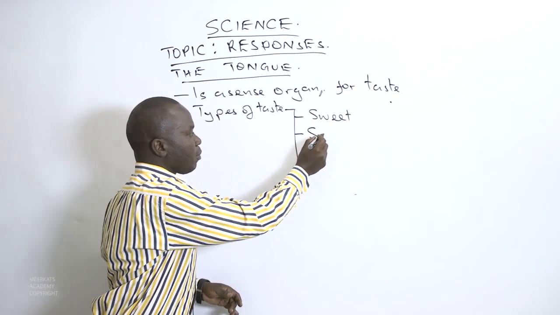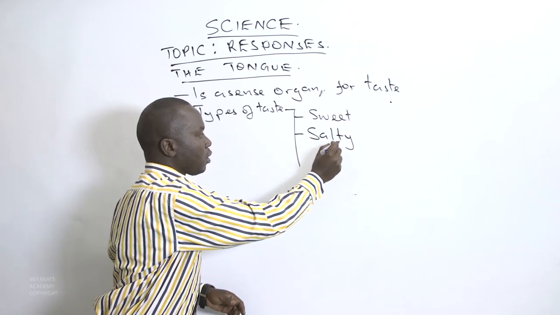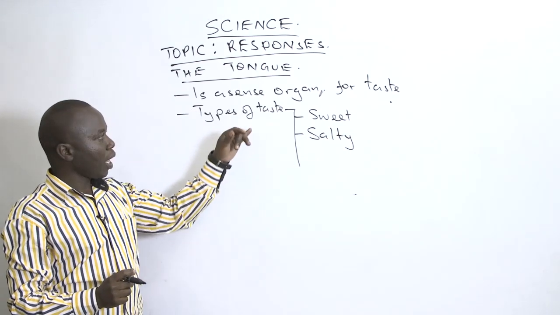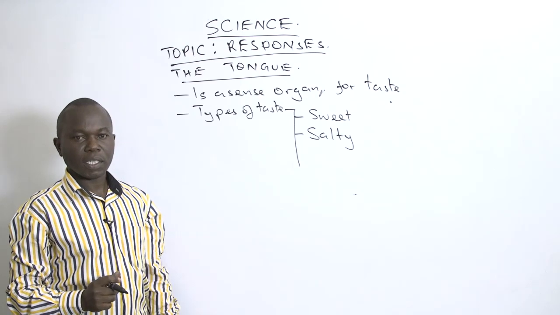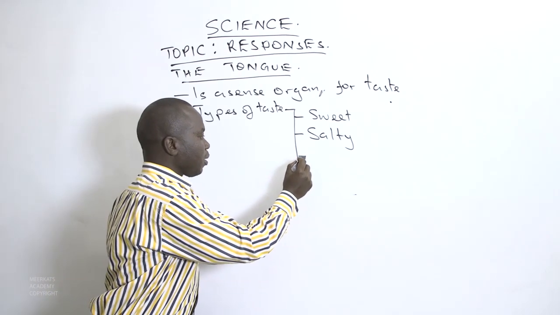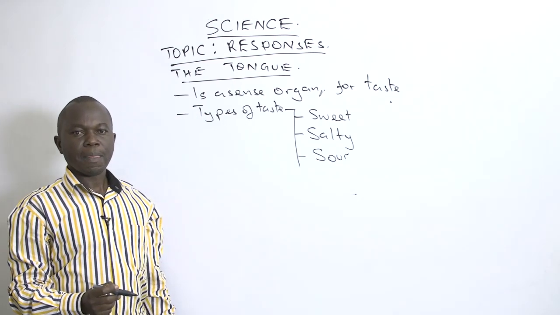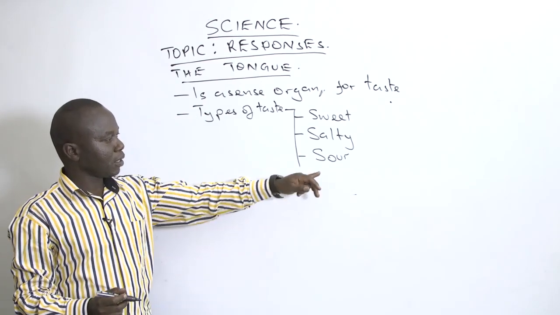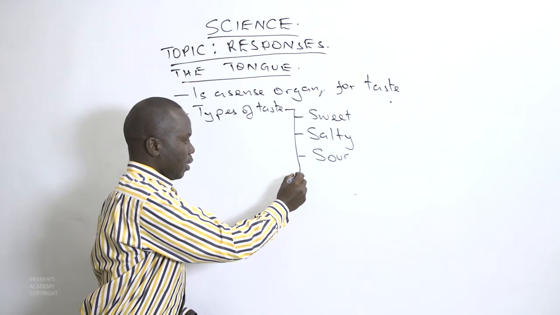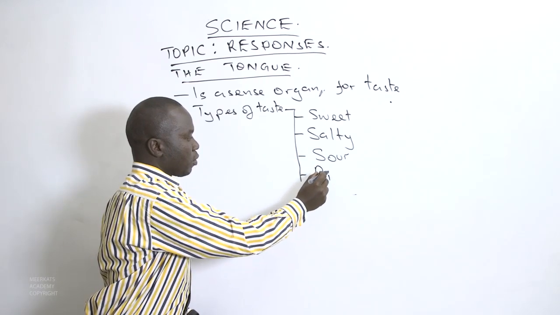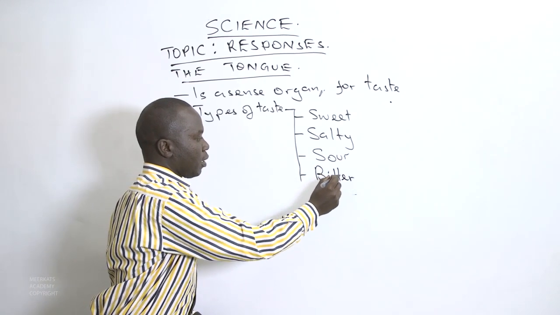Your food may be salty, because again the tongue is able to detect that. It may be sour, like milk. Fermented milk is sour. Or it could be bitter.